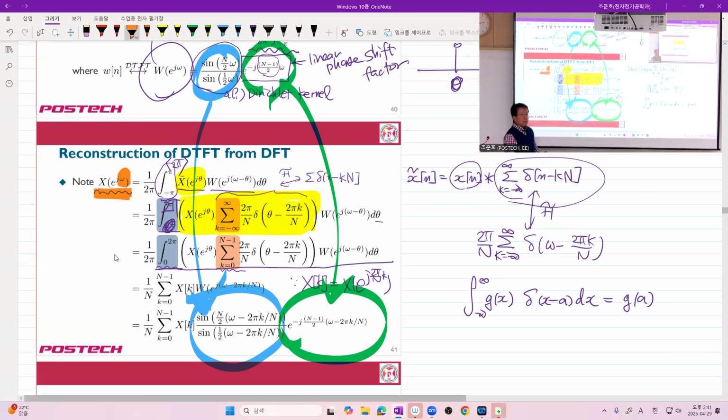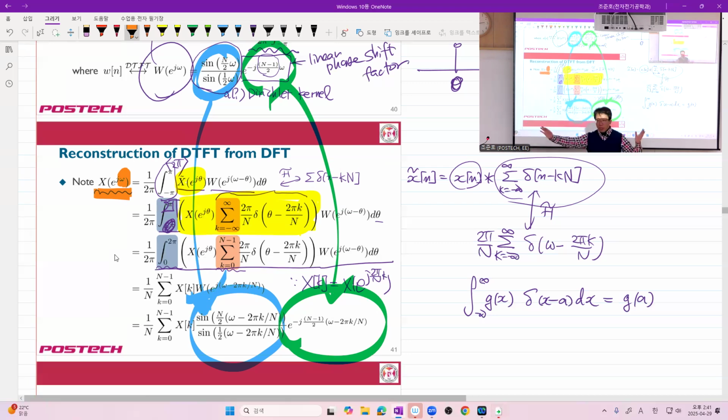So this way, we've found an interesting method to find the DTFT of a discrete time signal by computing the DFT of the signal, actually a part of the signal. But there is a very strong assumption: our original discrete time signal is of finite duration. Otherwise, we have approximations, as we will see.